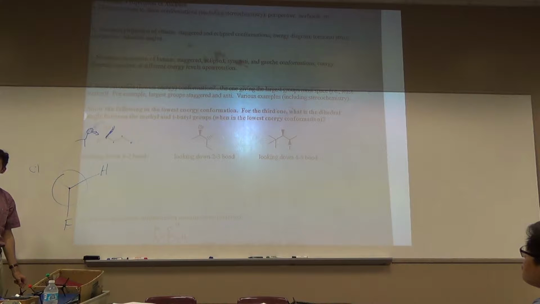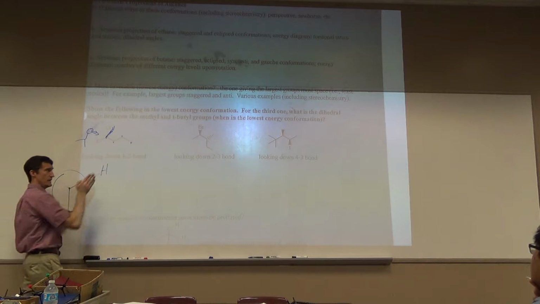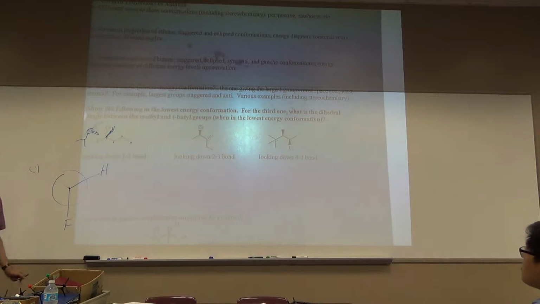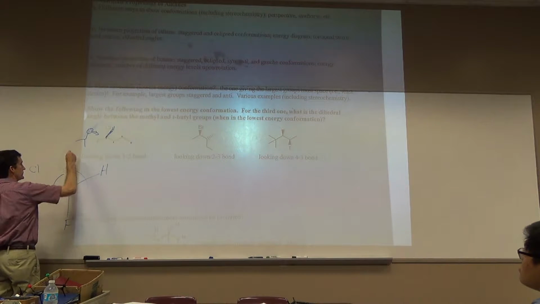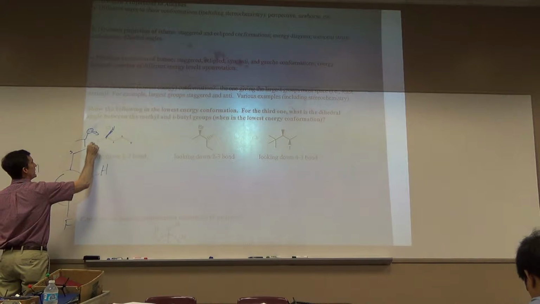Is it projected towards you guys? Is it projected behind the board? Or is it projected sort of straight up the board? Is it to my right? Is it to my left? Or is it straight up the board? Straight up. It's straight up the board. That's 3 and that's 4.